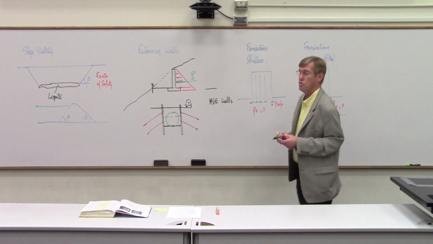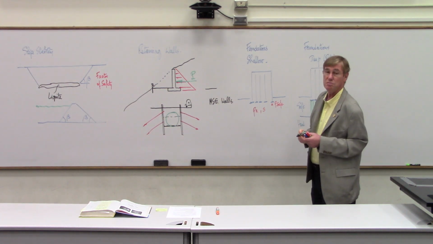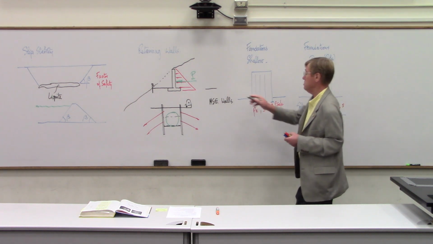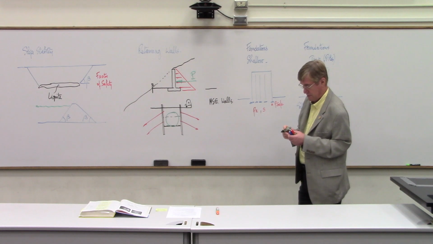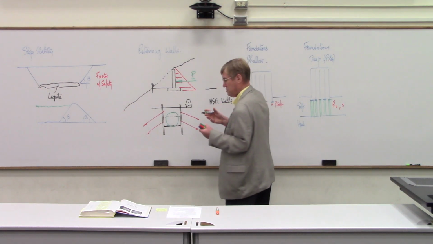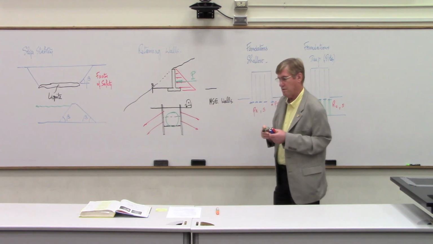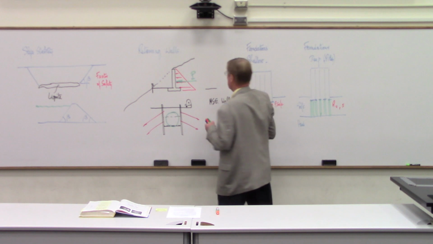A typical highway wall is going to be 7 meters, and these types of walls, and I'll explain in a minute, are typically less expensive. They deform better, they resist earthquakes better than these rigid structures.